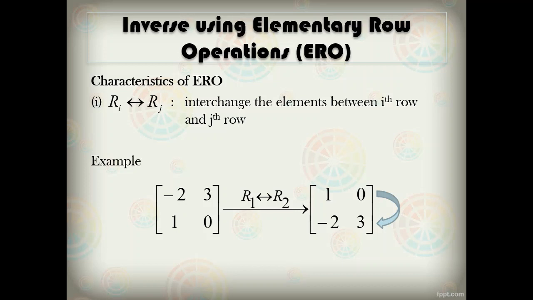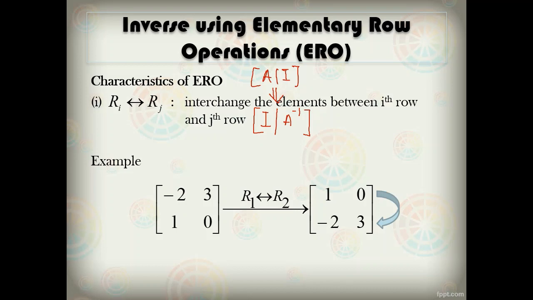In order to reduce matrix A to the identity matrix, what I mean is you first have this, right? Then you need to reduce A to matrix I so that on your right side you get the inverse matrix.